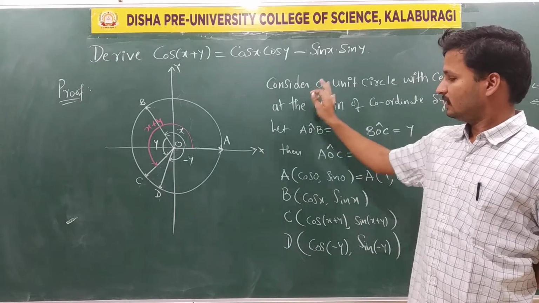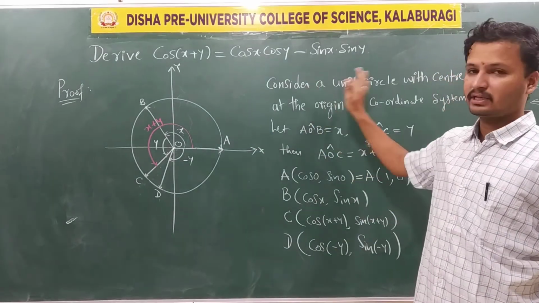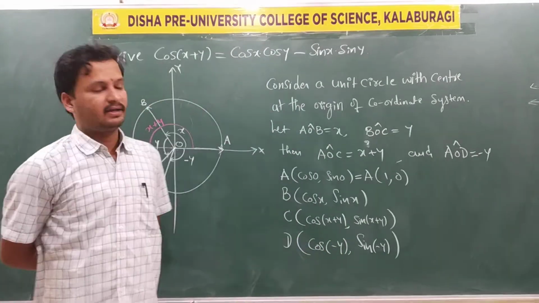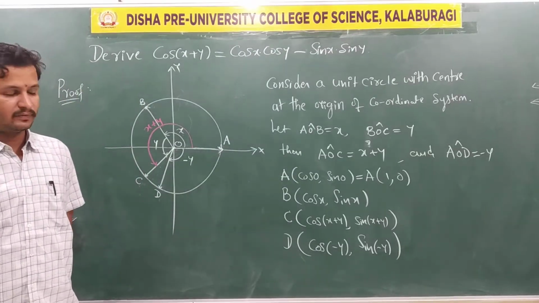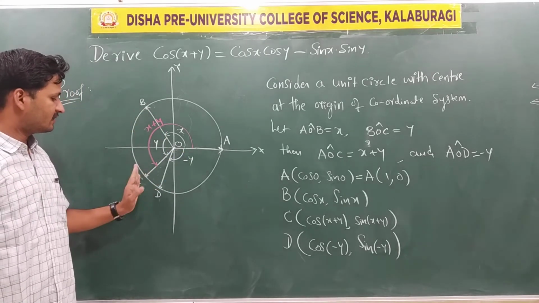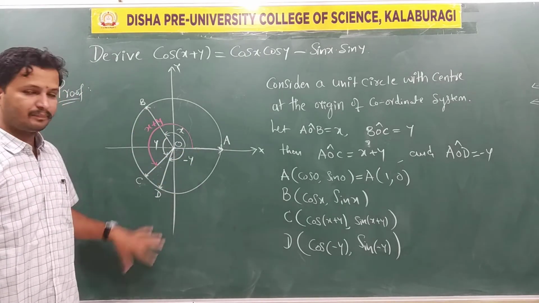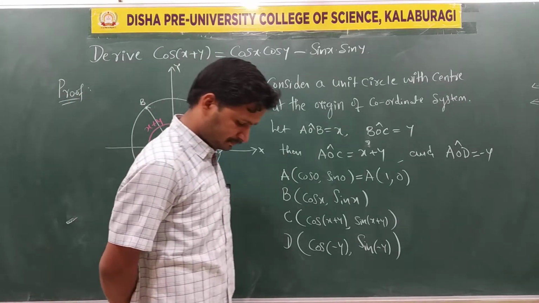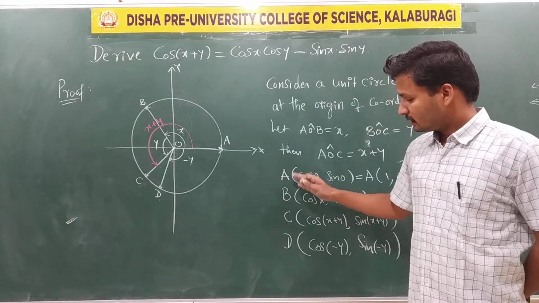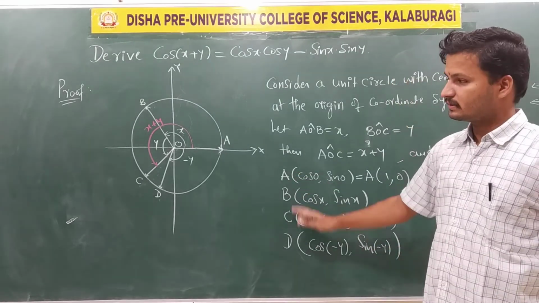From this geometry only I wrote all these things. First, consider a unit circle whose center is at the origin of the coordinate system, and define the angles between OA, OB and OA, OC and OA, OD. Then the coordinates of the points A, B, C, D.